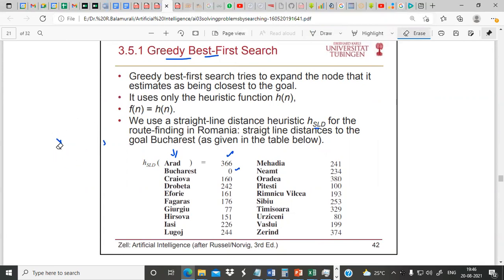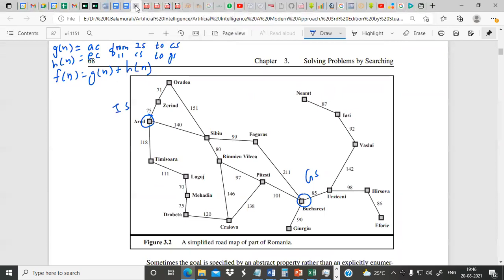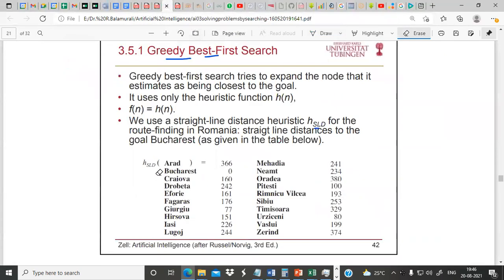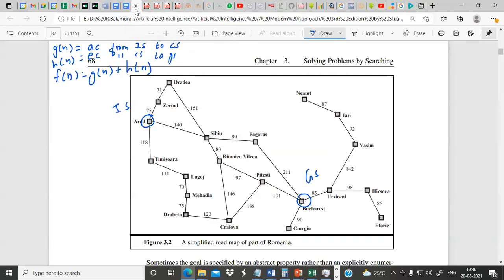Basically, this table shows the straight-line distance from every city to Bucharest. With this input, let us proceed. Our starting position is Arad. From Arad to Bucharest, the cost is 366. Now, initially we are in the initial state, so how can we apply this function?